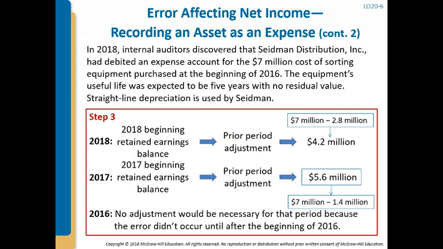And then in 2018, the prior period adjustment is going to be 7 million minus the 2.8 million in accumulated depreciation that should have occurred by the beginning of 2018. And so the prior period adjustment is going to be 4.2 million.